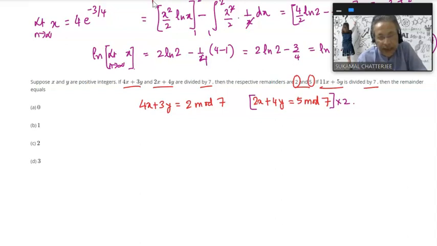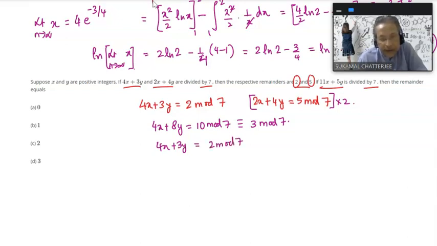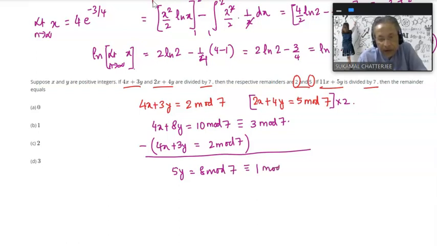So if I do that, I will get 4x plus 8y is 10 mod 7, which can be written as 3 mod 7, and 4x plus 3y is 2 mod 7. So if I subtract, I get 5y equals 10 minus 2, which is 8 mod 7, which can be written as 1 mod 7.